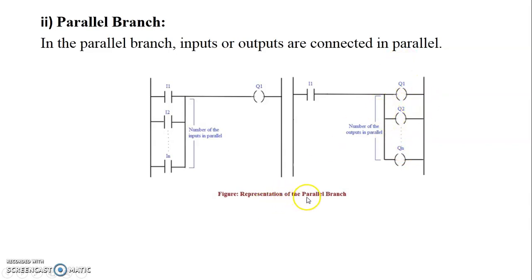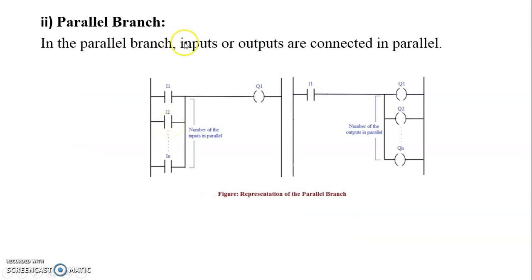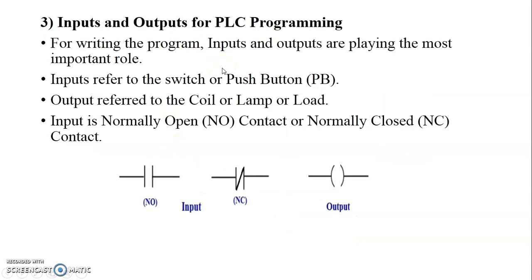This is a representation of the parallel branch. The third type of branch is the nested branch. It is a combination of the series branch and the parallel branch.